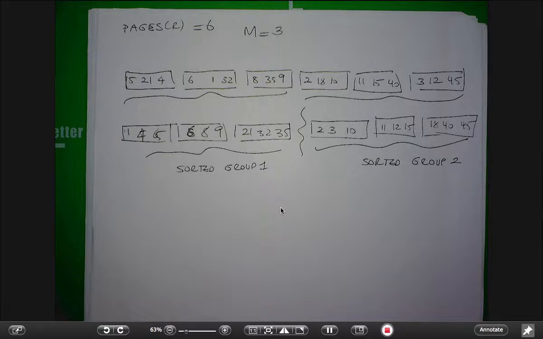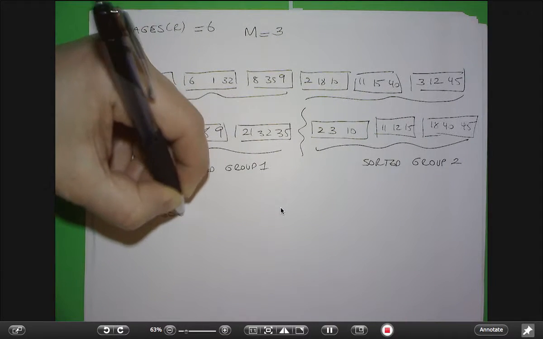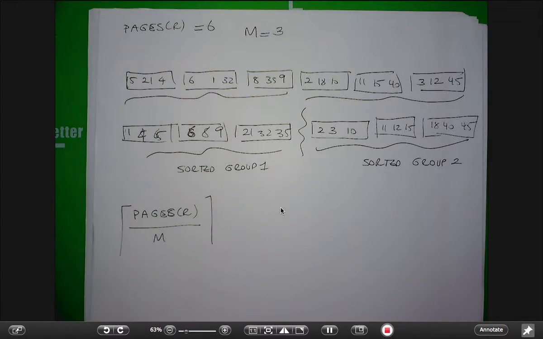So if you want to find the smallest, you only have to find the smallest value between these 2 pages. So you can see that given pages of R, I create this many sorted groups in general.